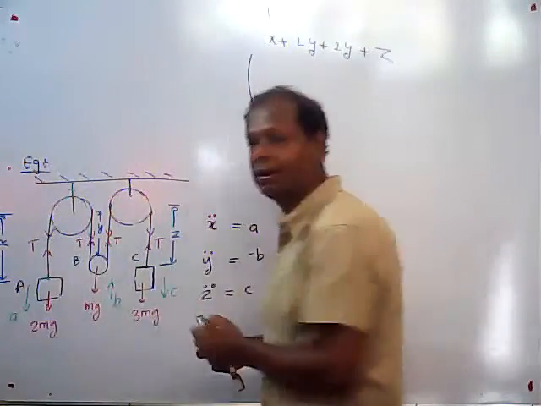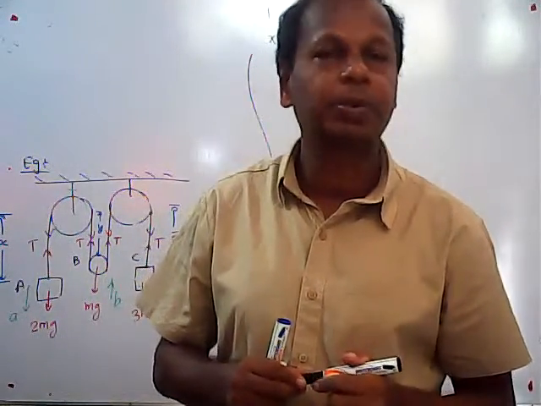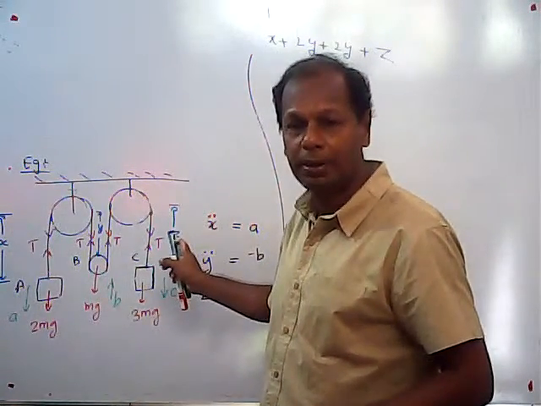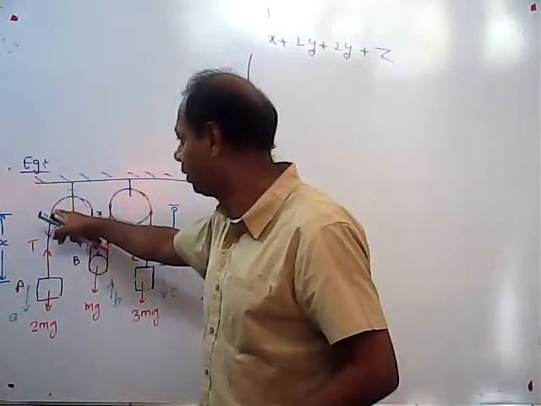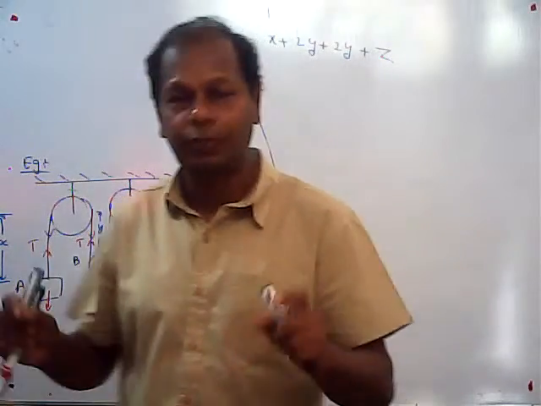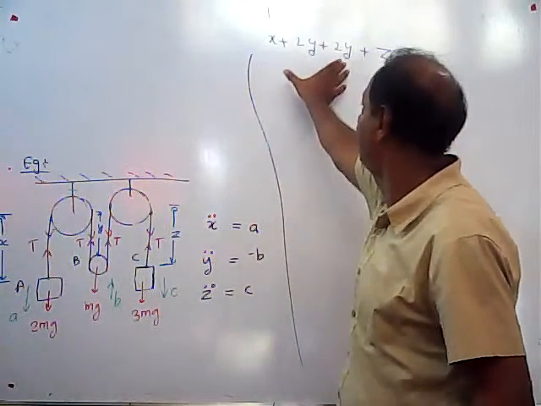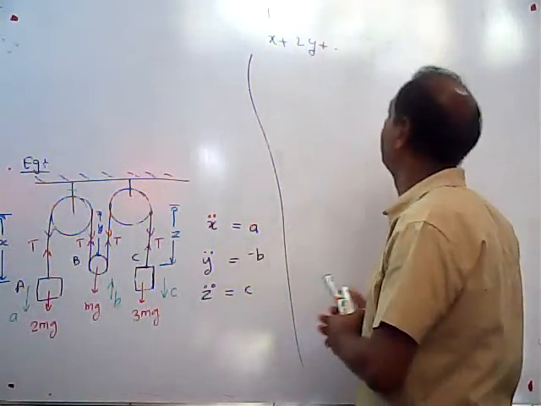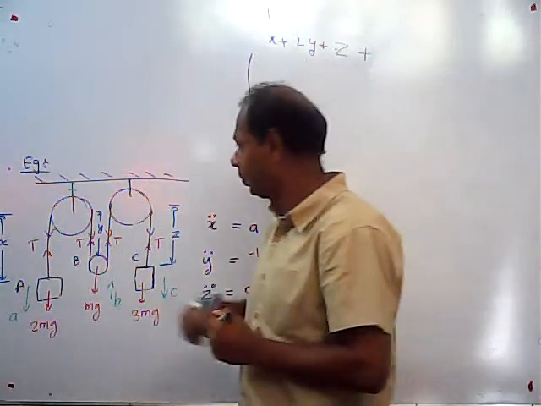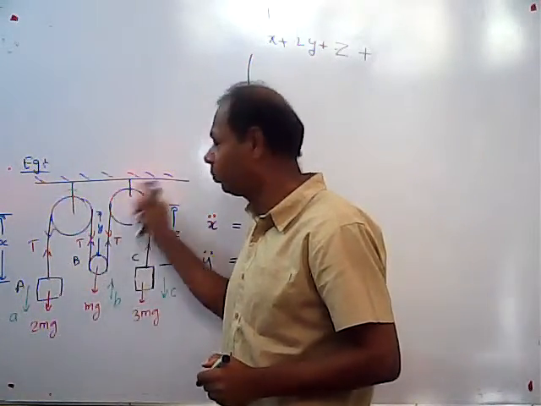All these x, y, z are variable parts. They vary with time, right? But there is another part running over the pulley, and those parts are fixed.